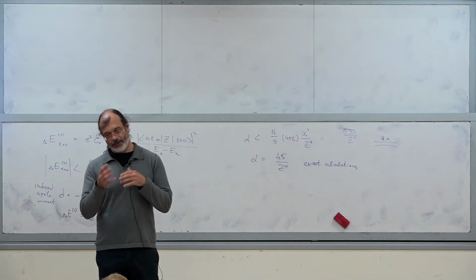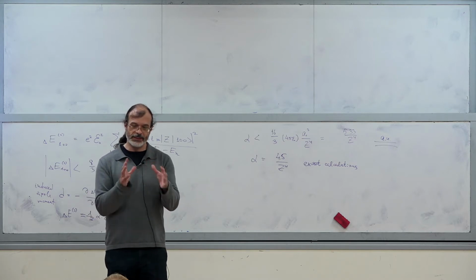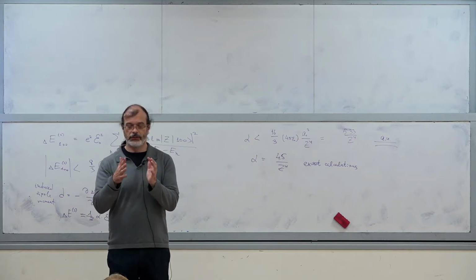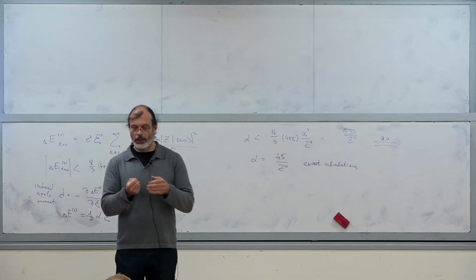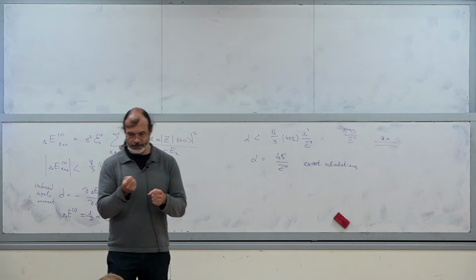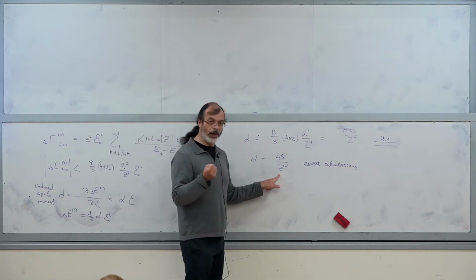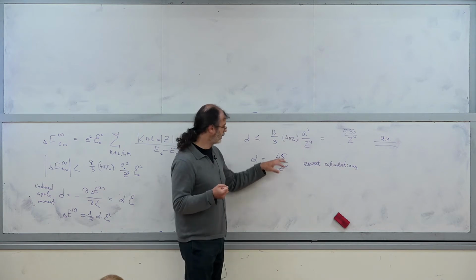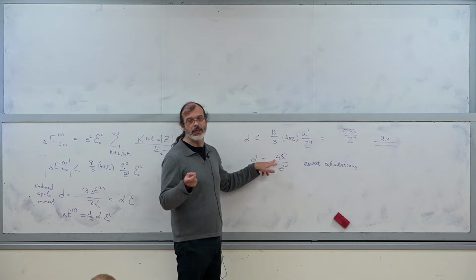We have to consider some sort of hydrogenic system with one electron coupled to a nucleus, and for hydrogen Z is equal to 1. Then the polarizability is equal to 4.5 in atomic units.